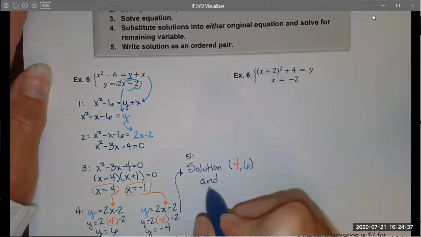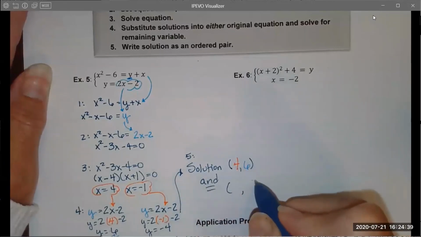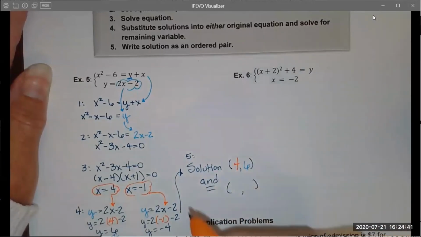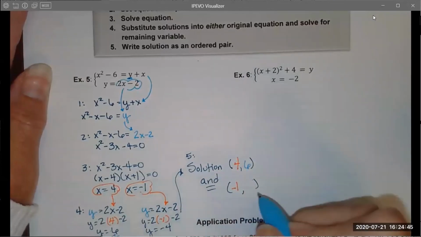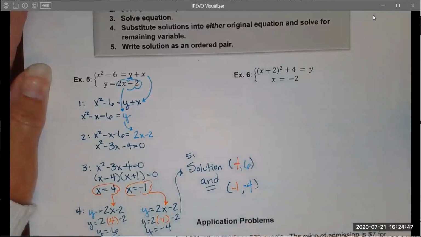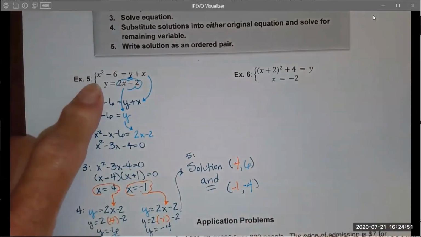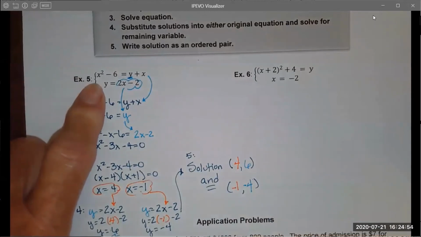And because I have two solutions, I'm going to expedite this a wee bit. When x equals negative 1, the associated y value is going to be negative 4. I can check these solutions by substituting them into both equations to verify that they make true statements.